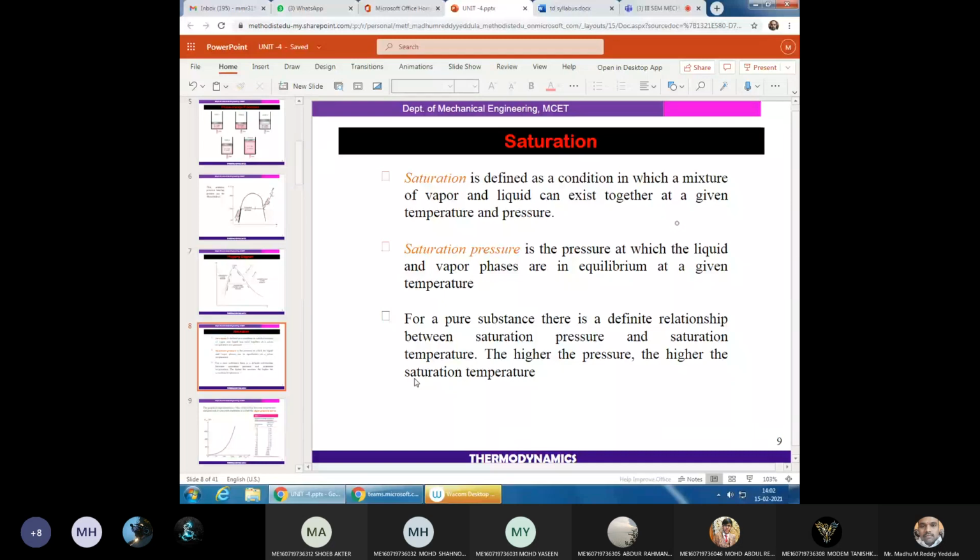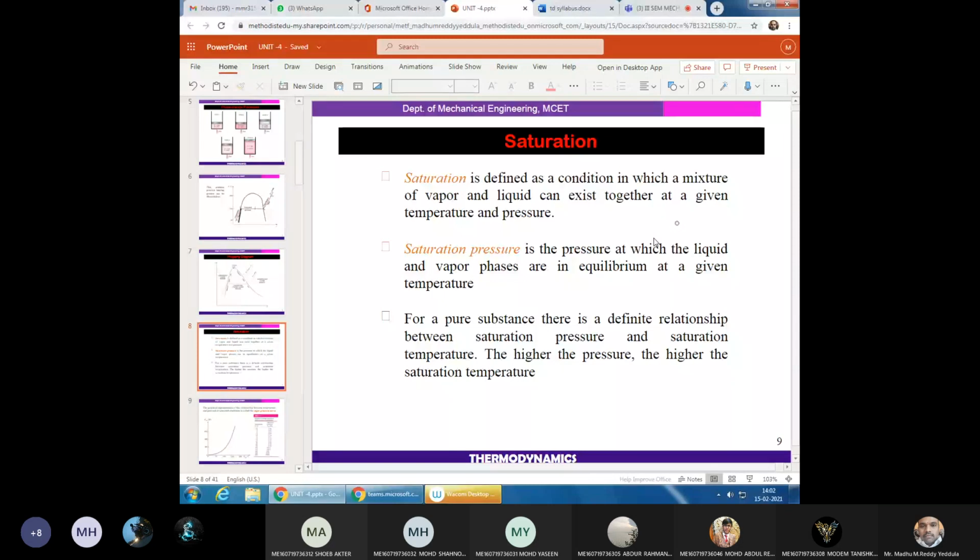Okay, that is saturation. And saturation pressure is the pressure at which the liquid and vapor phases are in equilibrium at the given temperature. So see the difference between these two. One is the condition, the other is the pressure.